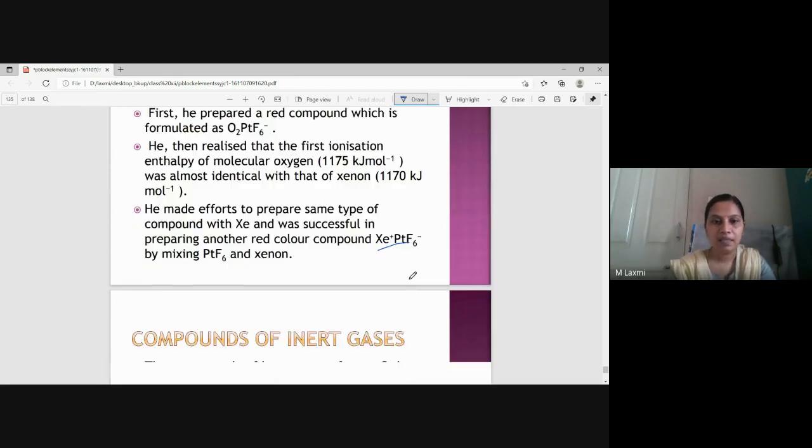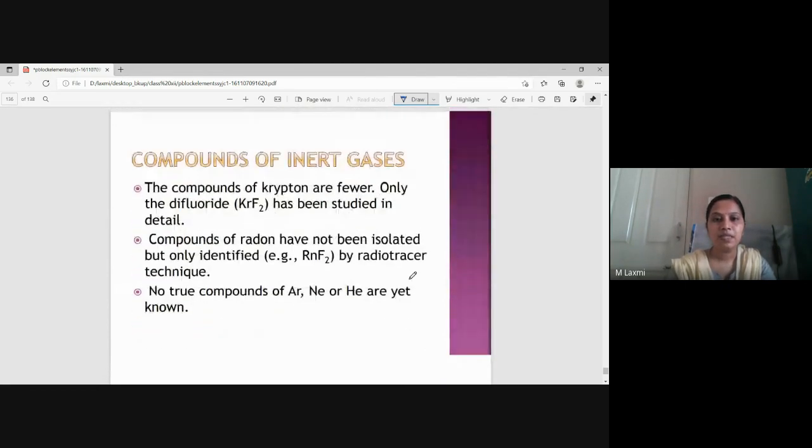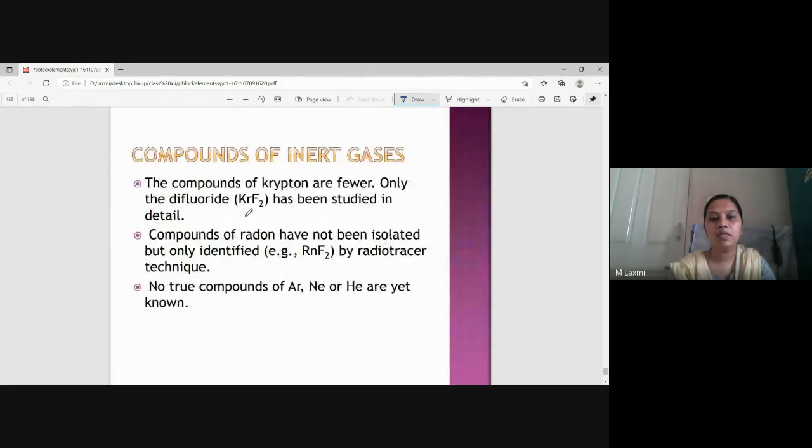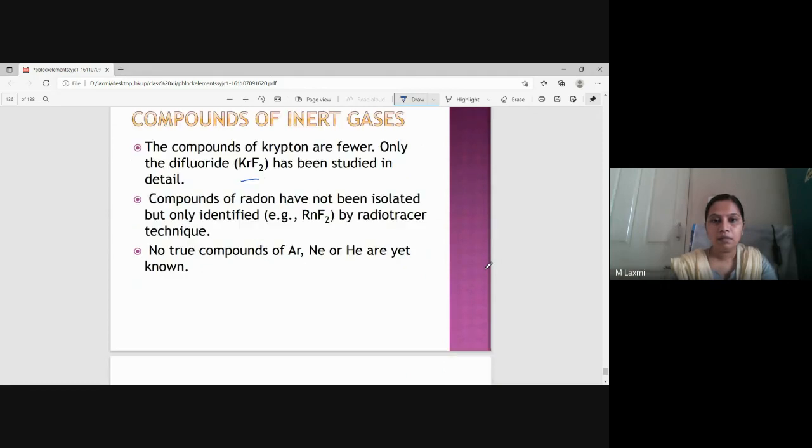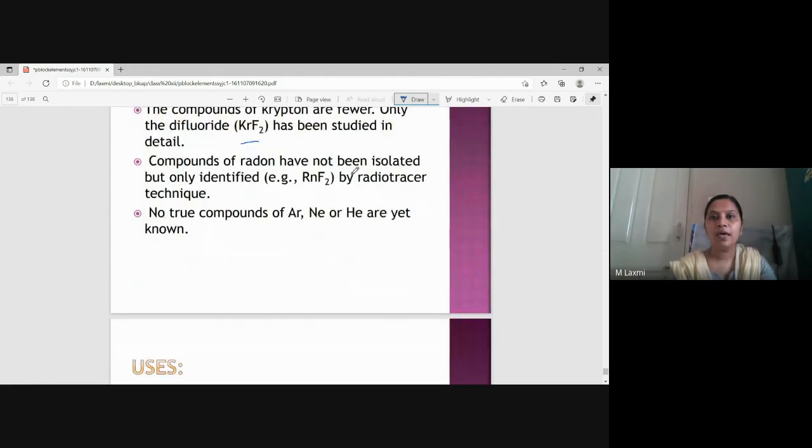So, colored compounds. For example, even krypton tries to react with fluorine. Radon has not been isolated, but only identified by means of the radiotracer technique. So no true compounds of argon, neon and helium are yet known.